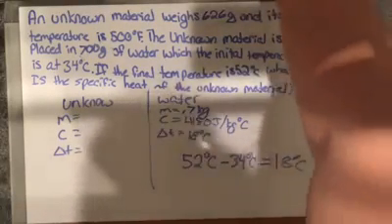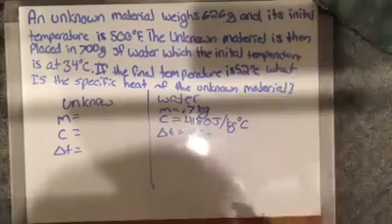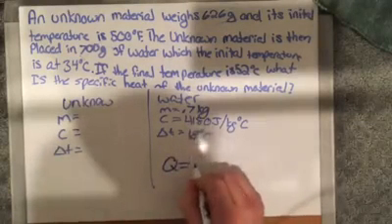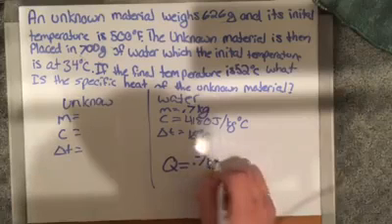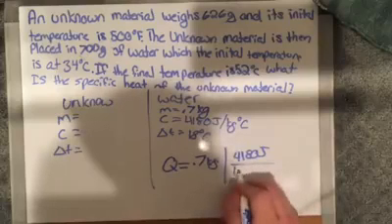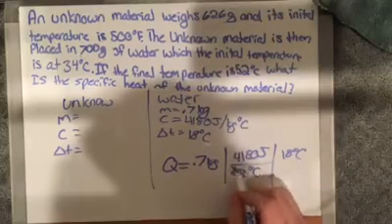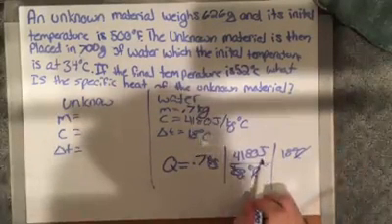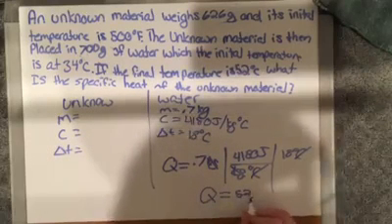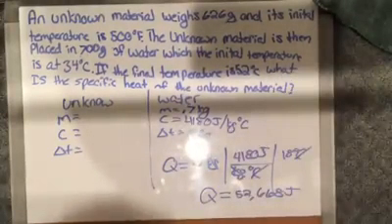Now that we know the change in temperature, we're going to be able to finish our equation and solve for Q. Q equals M C, 4180 joules per kilogram degrees Celsius times 18 degrees Celsius. Our units cancel out, and all we should be left with is joules. Q is then equal to 52,668 joules.